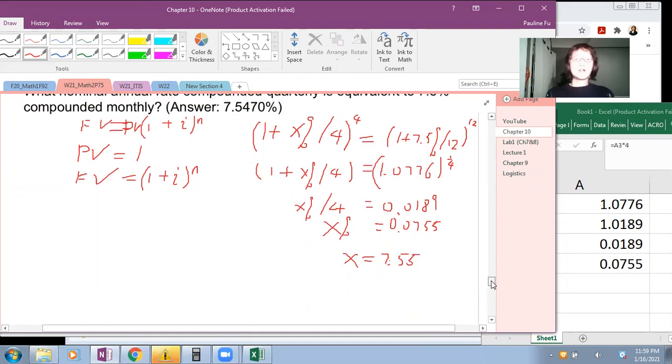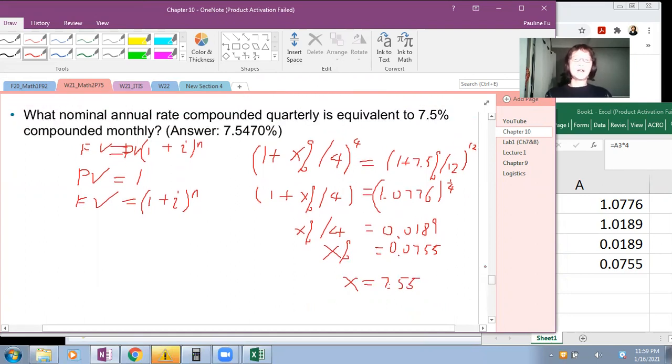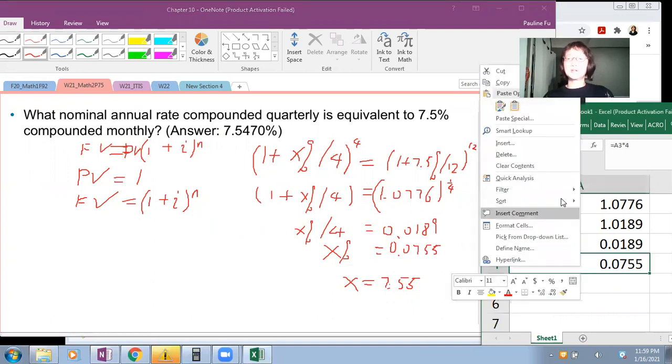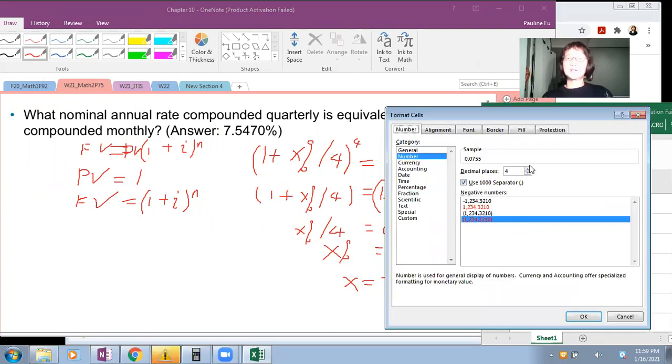So this is algebraic. I do a little bit of algebra, I get the answer. Okay. The answer here has more decimal places. If I increase my decimal place, it agrees with this number here. Okay, maybe I will increase decimal place, for month cells instead of 4, maybe 6.